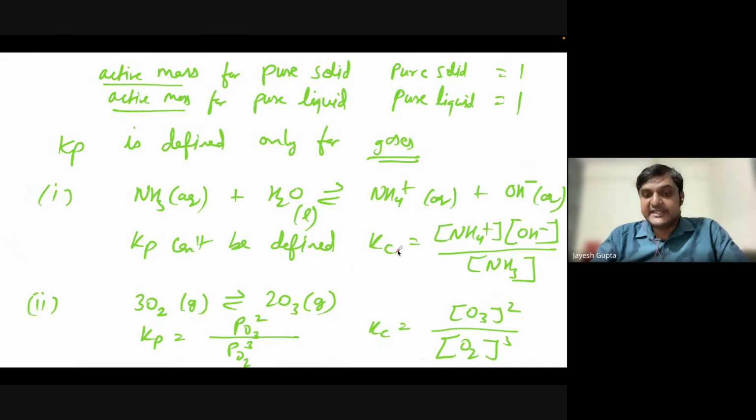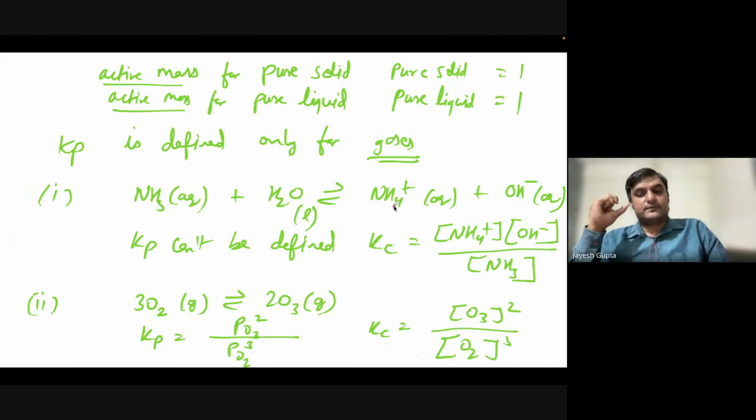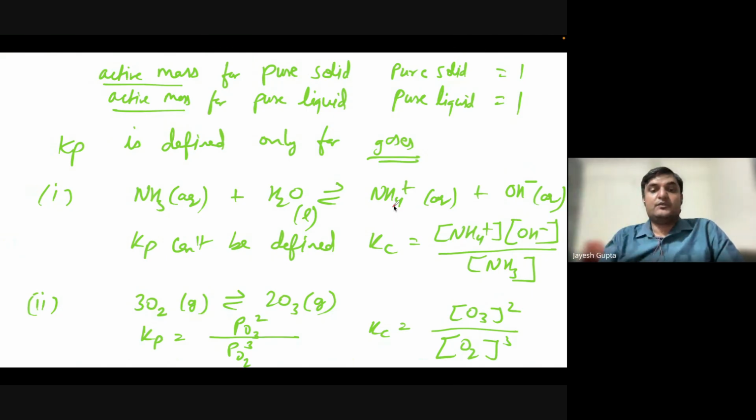Now if you talk about Kc, what are we writing? Product of product concentrations divided by product of reactant concentrations, each raised to the power of its coefficient. But for liquid, I told you active mass is 1. So the H2O concentration will not come in the expression because its active mass is already 1. So in the denominator, you will only write NH3 concentration because it is aqueous.